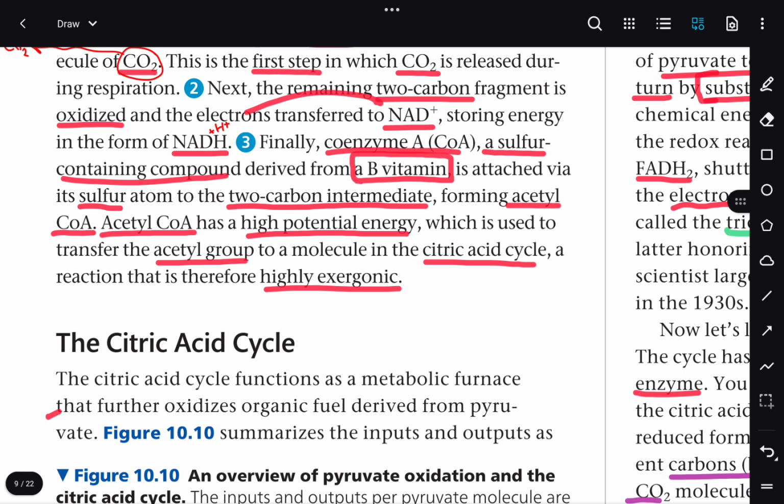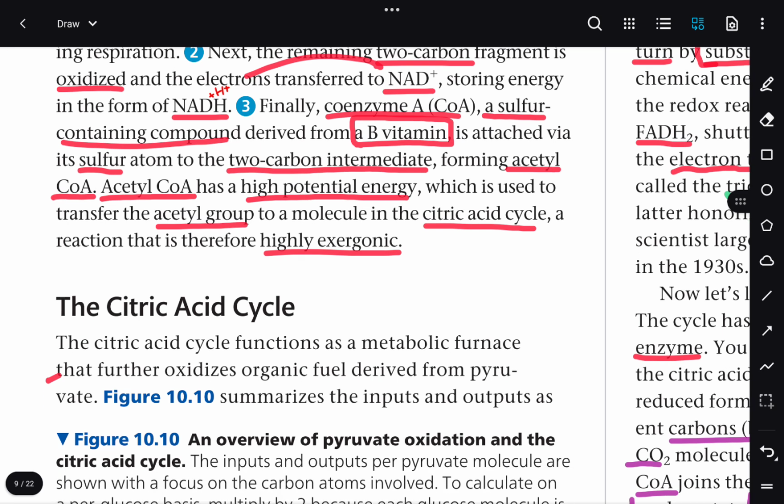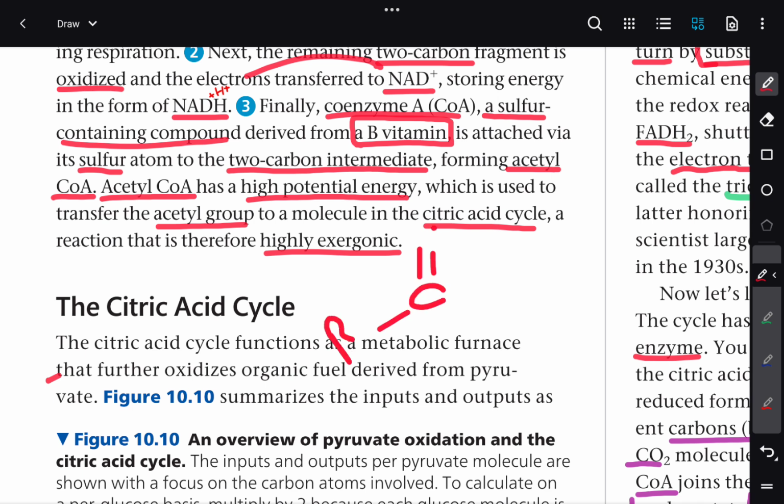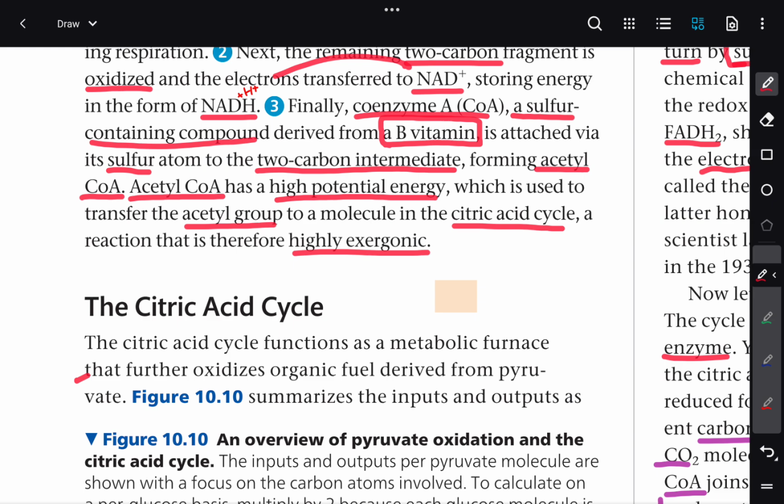Coenzyme A, a sulfur containing group made from B vitamin, will attach to the acetyl group. Now, to remember, the acetyl group is a 2 carbon fragment that we obtain from 2 oxidation steps.